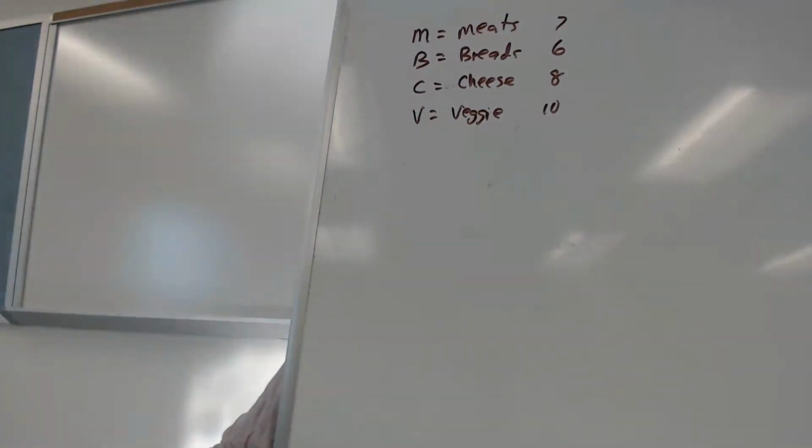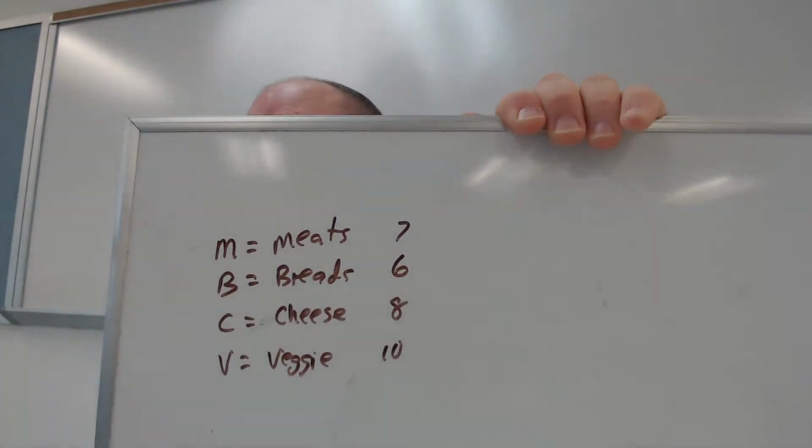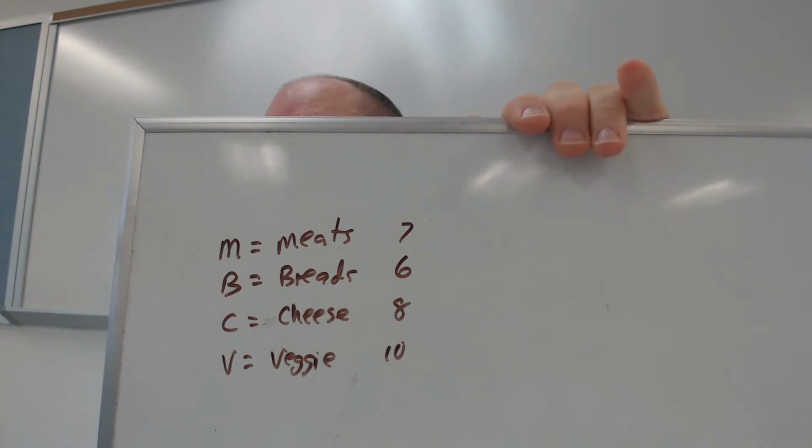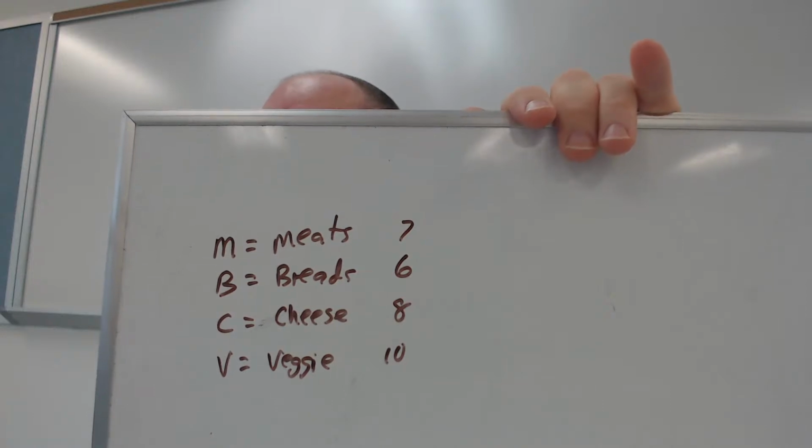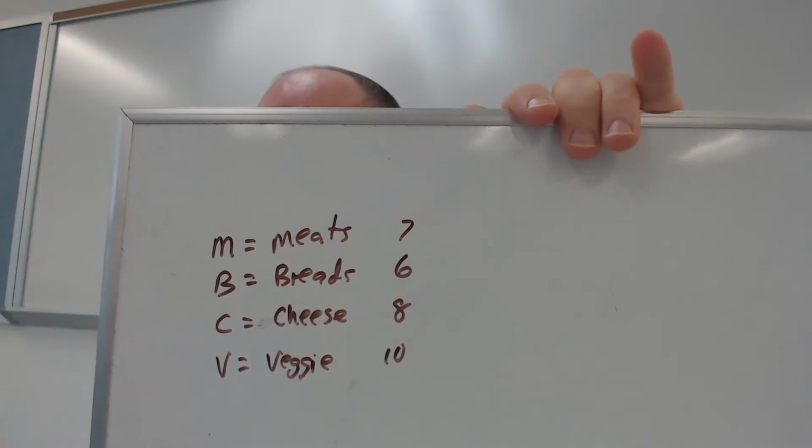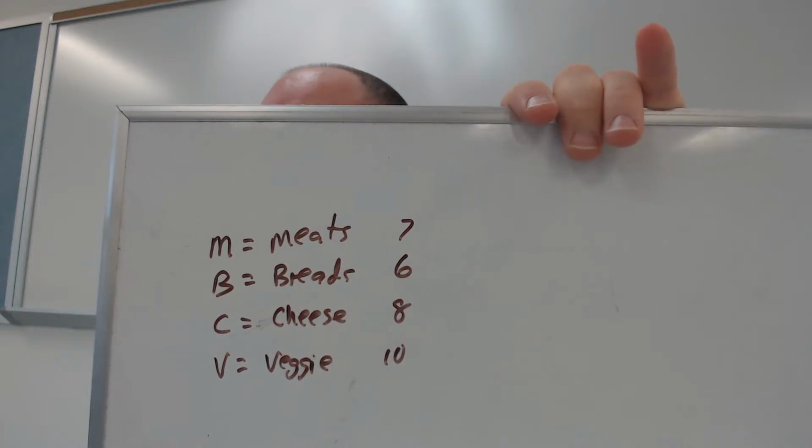So we have 7 options in our meats, 6 options in our breads, 8 options in our cheeses, and 10 veggie options.